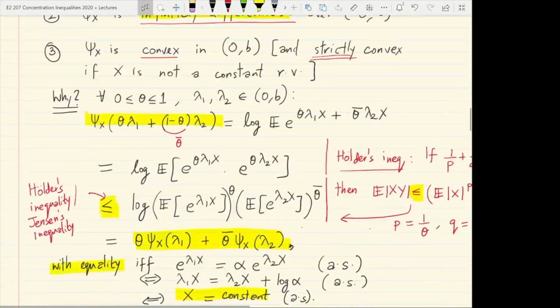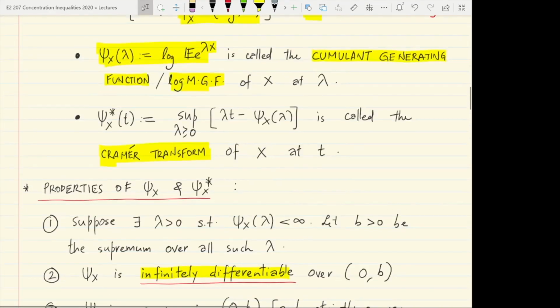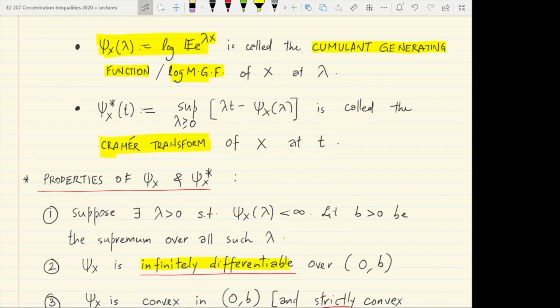If you look at the definition of Cx star here, how is Cx star of t computed? You basically take several possible lambdas and you compute this quantity, and then you take the maximum of all these. Okay, so for each fixed lambda, the function here as a function of t is actually just a linear function. The dependence on t is just linear.